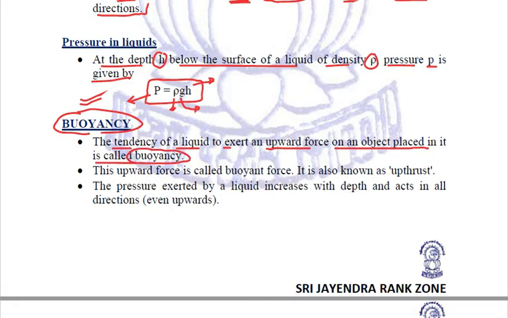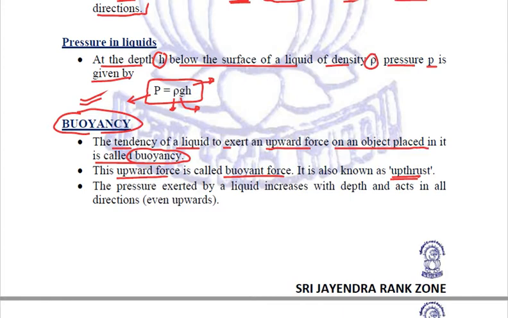Every liquid exerts an upward force on any object which is put in that liquid. This tendency of liquids is called buoyancy, and this upward force exerted by the liquids is called buoyant force. It is also known as upthrust, right?